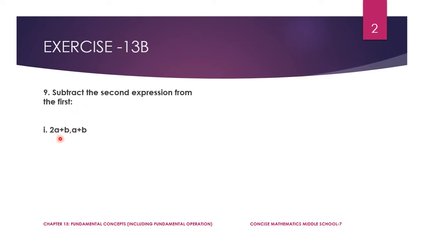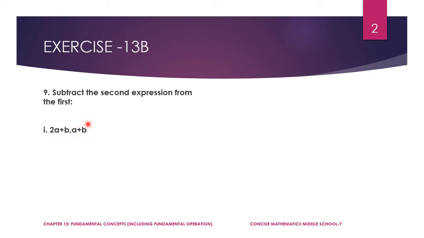Here they have given two algebraic expressions. One is 2a plus b and a plus b is the second expression. Here they are asking us to subtract the second expression, so a plus b should be subtracted from this first one. 2a plus b is the first expression and a plus b is the second expression.